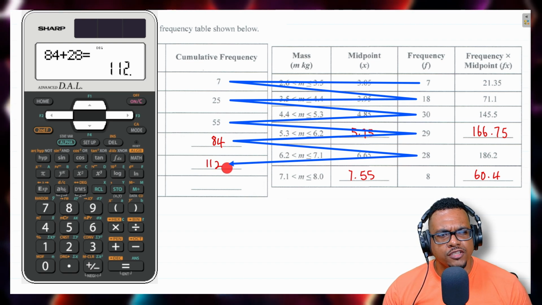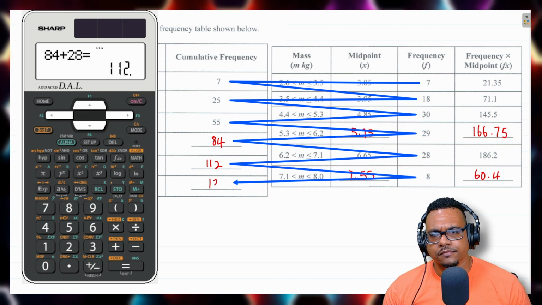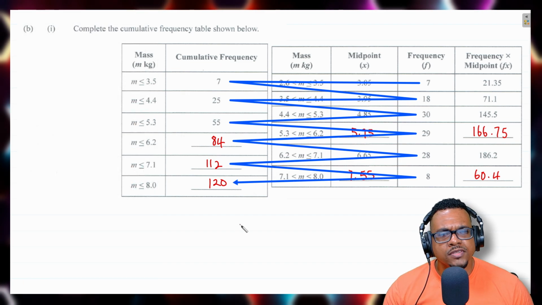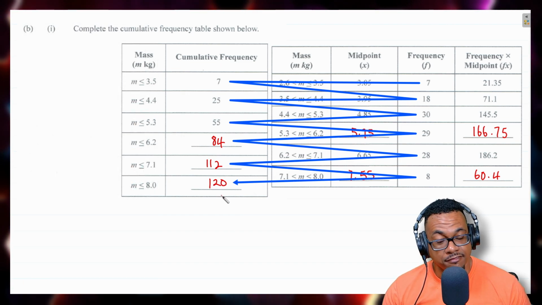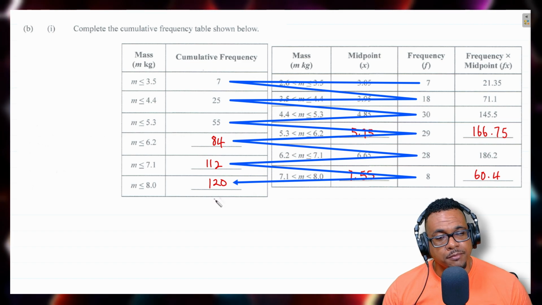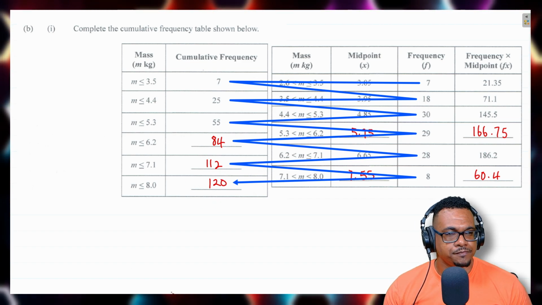Then I'm going to have 112 plus 8. And that's obvious. 112 plus 8 is 120. Now notice your last cumulative frequency is the same as sigma f. It must always be like that. Sigma f and your last cumulative frequency must always be the same number.